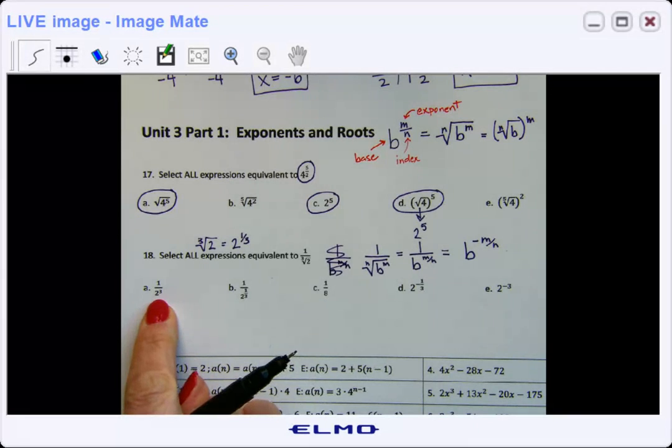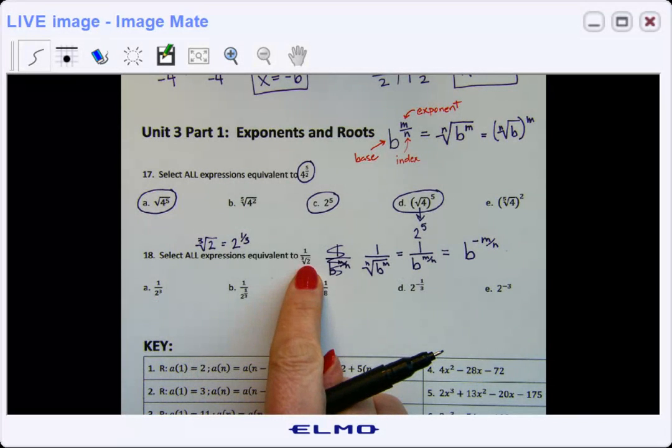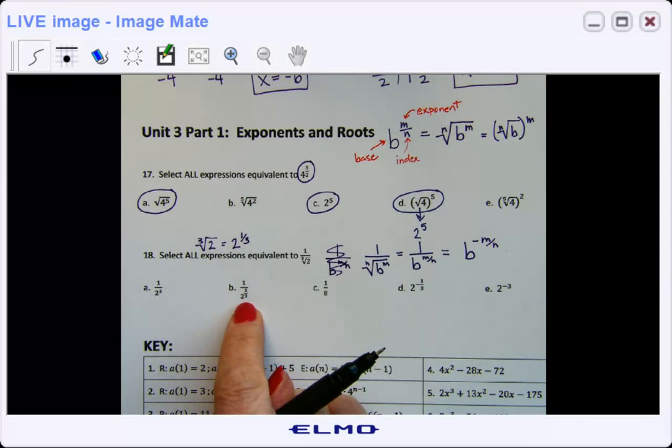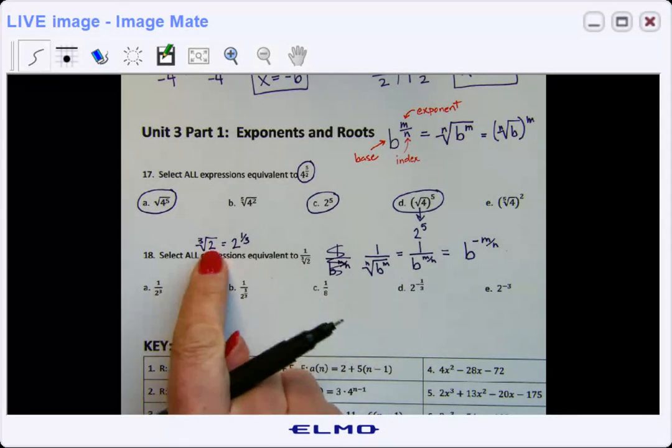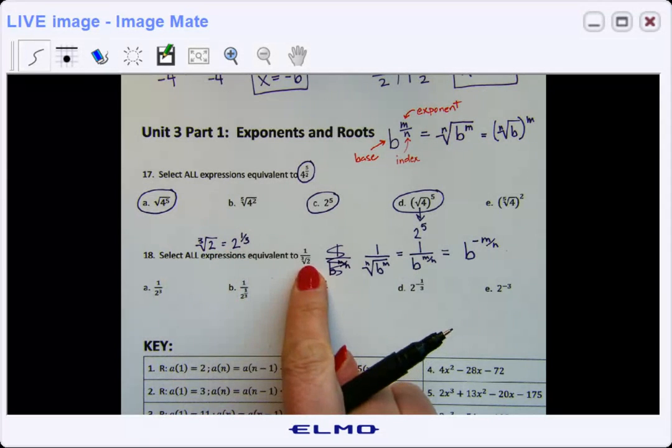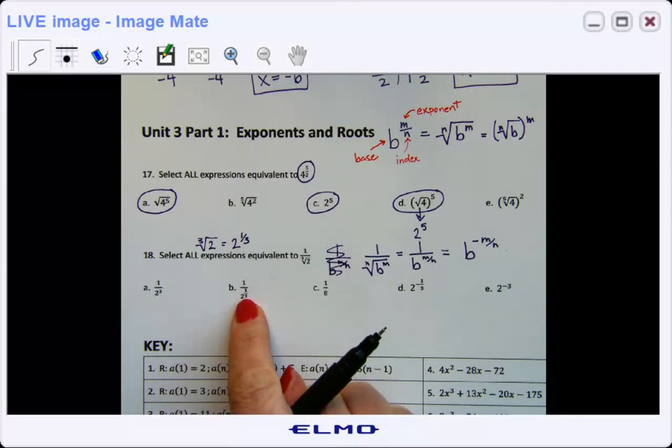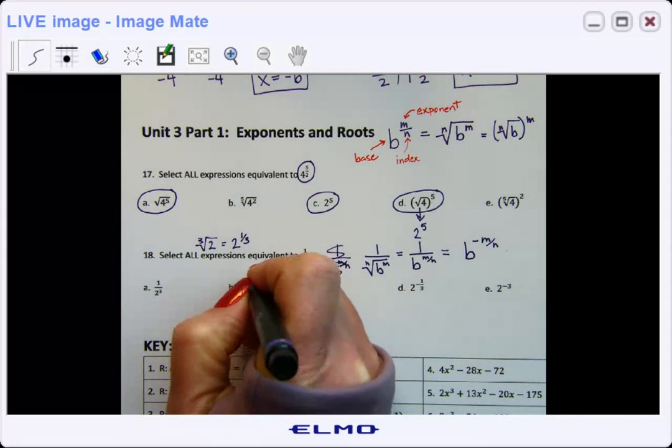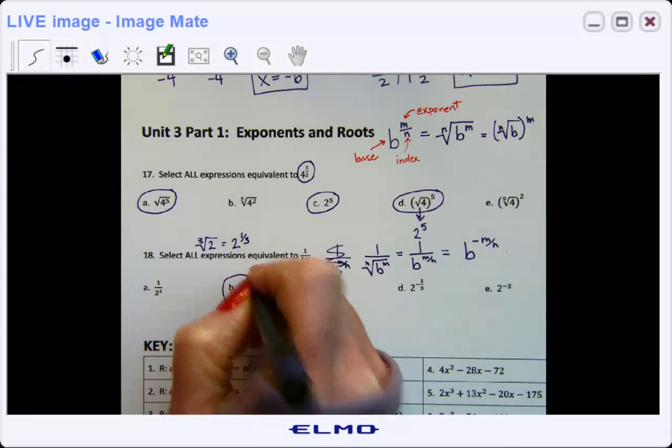So it doesn't equal 2 to the 3rd. So this is not going to be an option. 1 over 2 to the 3rd is not the same as 1 over the cubed root of 2. However, 1 over 2 to the 1/3 is the same because of this relationship, right? So the cubed root of 2 is just being rewritten as 2 to the 1/3. So this is a correct answer option.